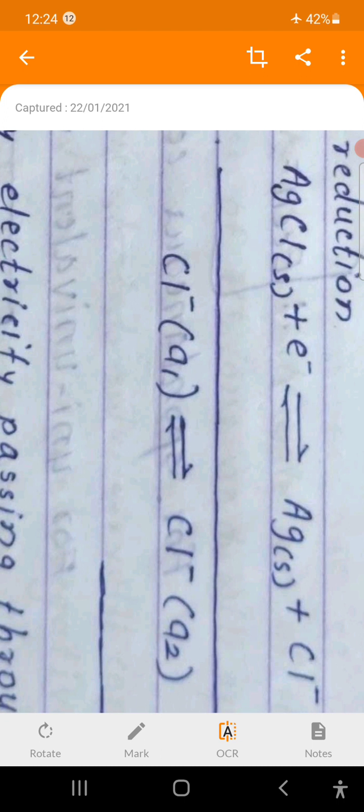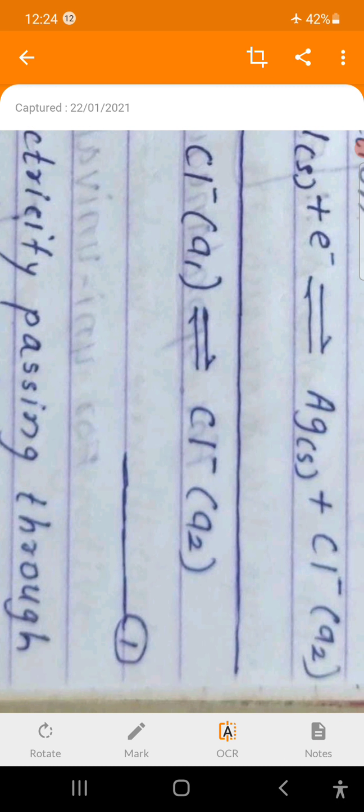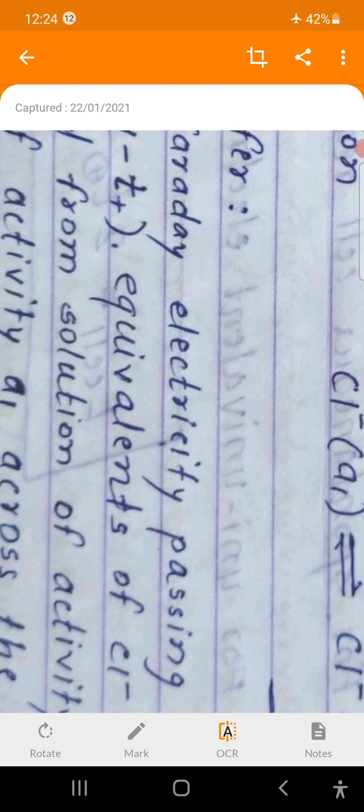The net cell reaction is: Cl minus having activity A1 is in equilibrium with Cl minus having activity A2. This is the material transfer that takes place because of the electrode processes in the cell, and this is equation 1.